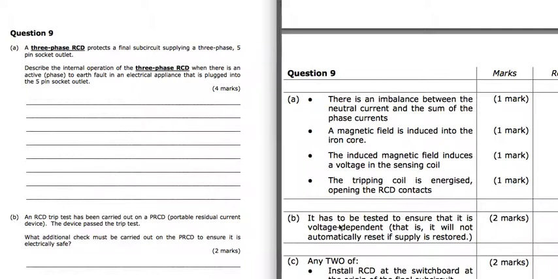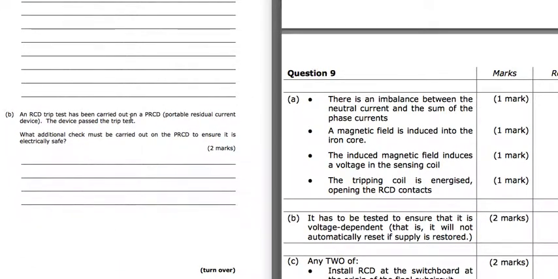Like in a single phase where the phase and neutral of the RCD cancel out, in a 3-phase the sum of the currents cancels out with the neutral current. But now we've introduced a fault, and so there's going to be an imbalance between the neutral current and the sum of the phase currents. And so we're going to get a magnetic field induced into the iron core, and that's going to induce a voltage into the sensing coil, and once the sensing coil sees a voltage, the tripping coil is energized, opening the RCD contacts.